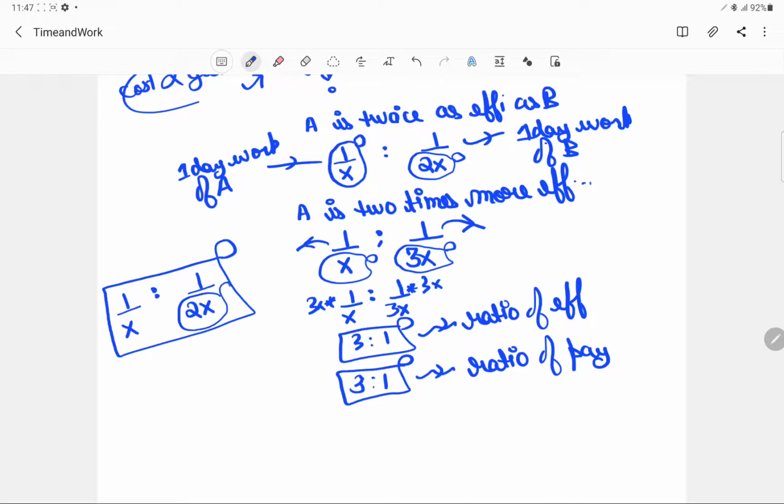That is, he would be taking twice as many days as compared to A, if A is receiving twice the money. Okay, I think you got that concept.